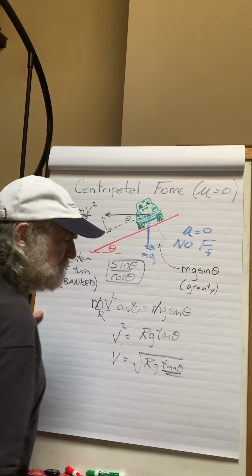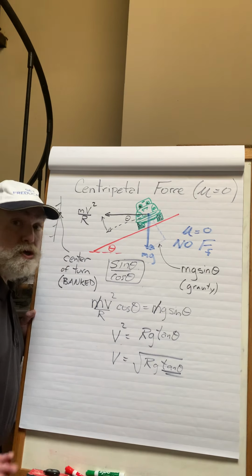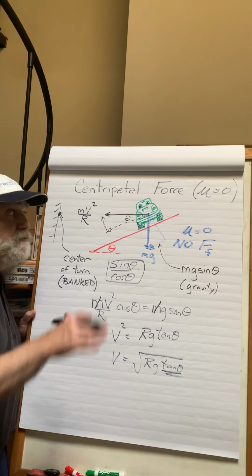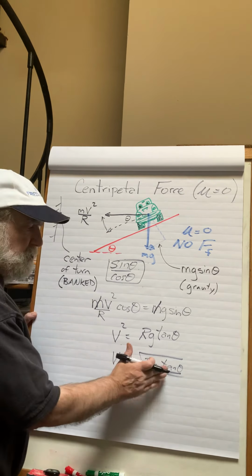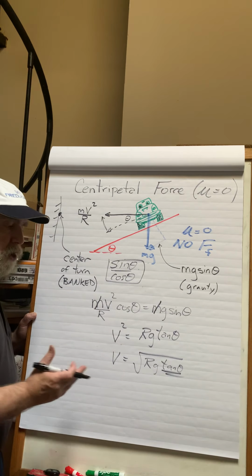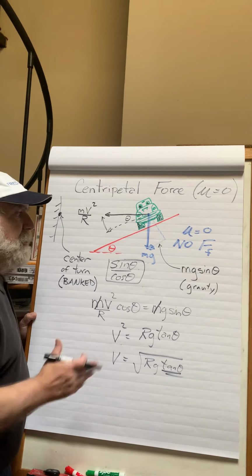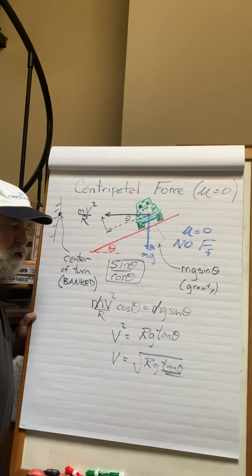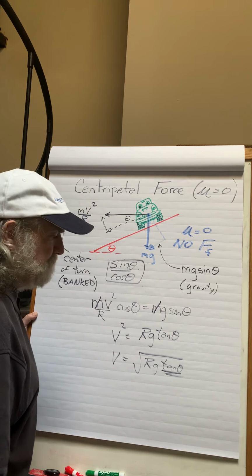Notice that tan theta plays the same role that mu played, the coefficient of friction, on a flat surface. So there's still something that helps keep us in the turn. And in the case of a banked turn with no friction, it's the tangent of theta.